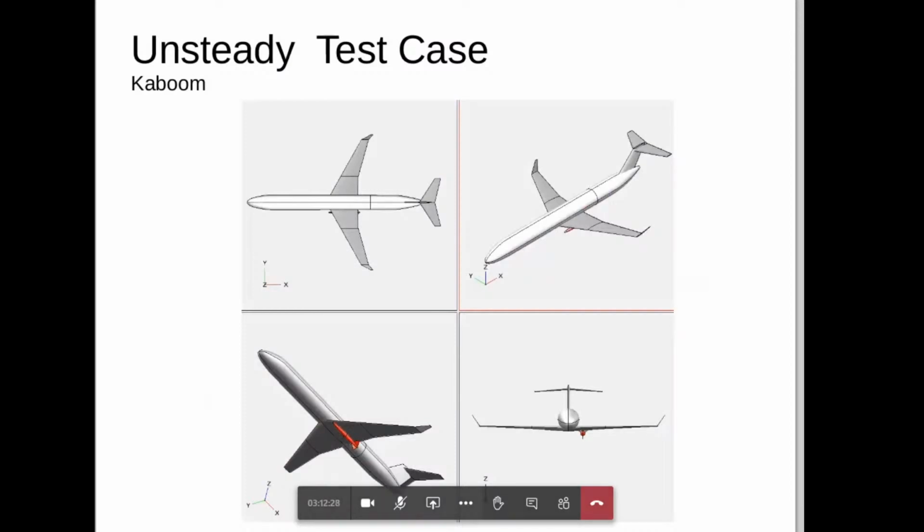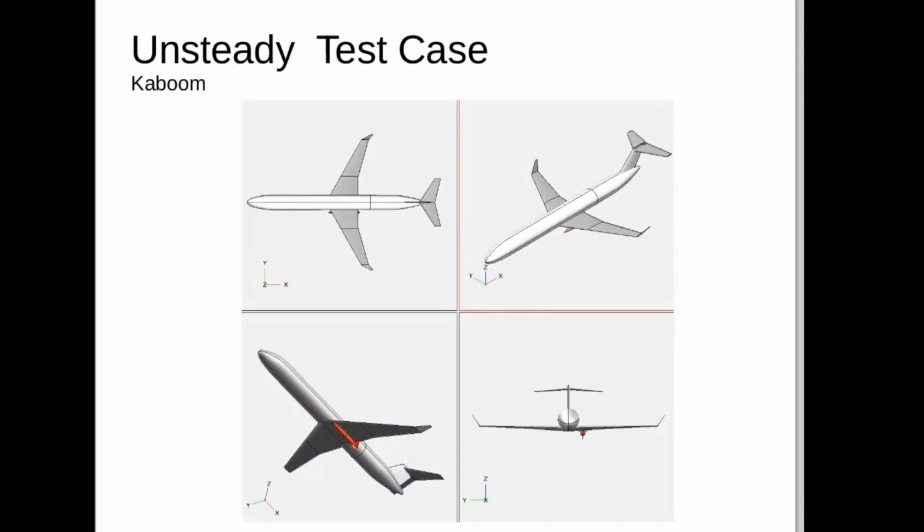So, final test case. In case you want to drop a bomb from a CRJ, you can. So we're working on being able to do full six-DOF multi-body analyses with the solver. And it's actually not that big a deal. All of the underlying framework is there.